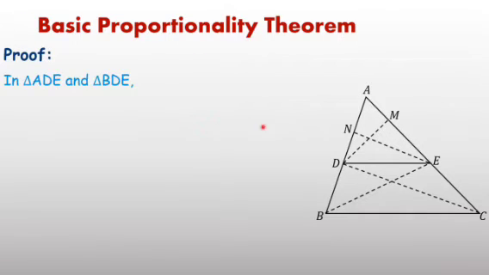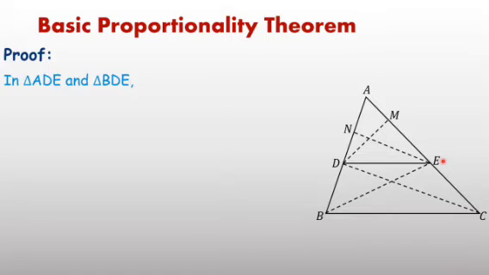In triangles ADE and BDE, we have to consider these two triangles. Since AB is divided by point D in two parts, AD and DB, taking AD and DB as base, there are two triangles having the same vertex E, ADE and BDE.